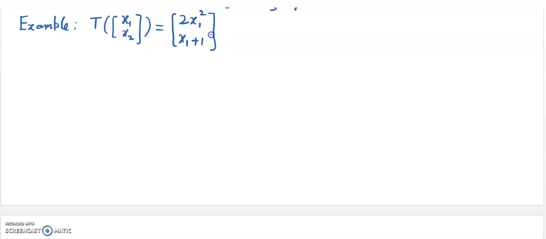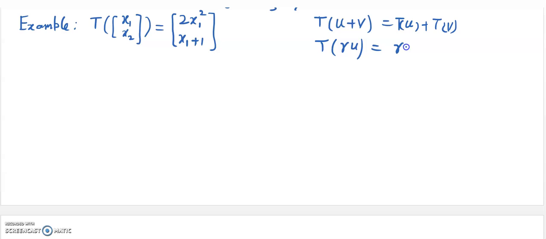For a linear transformation, we know that we have these two conditions: T(u plus v) is equal to T(u) plus T(v), and T(r times u) is equal to r times T(u).